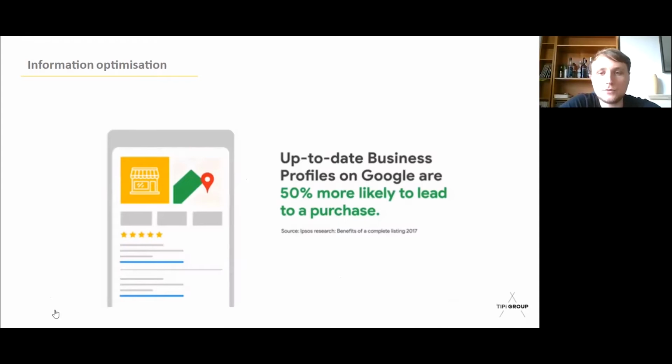All of this is related to information optimization. A study from Google said that the most up-to-date business profiles were 50% more likely to lead to a purchase. The reason this is true is that if you turned up to a location and the opening hours were incorrect, or you found some information displayed on a profile that didn't match when you came into the store, it's going to be a frustrating experience.